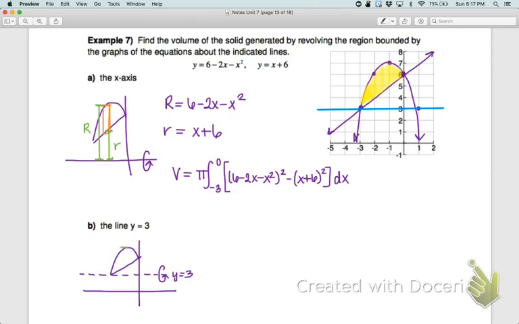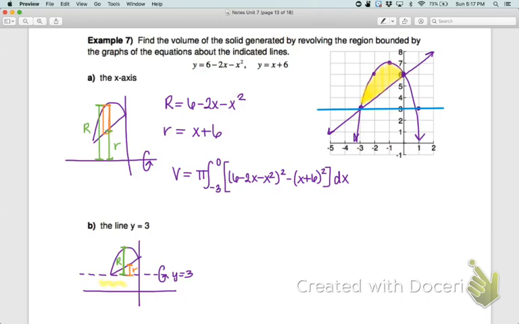Our big R is going to measure from here to here. So the top curve down to the line y equals 3 because that's where we're going to rotate around. That's going to be big R. Little r is going to be this distance right here. Okay, that's the only place that there's going to be a gap.